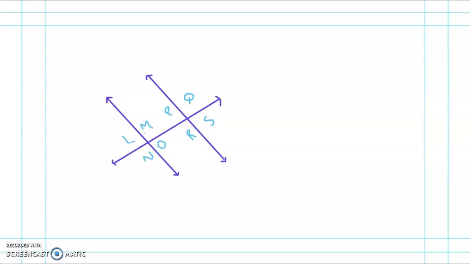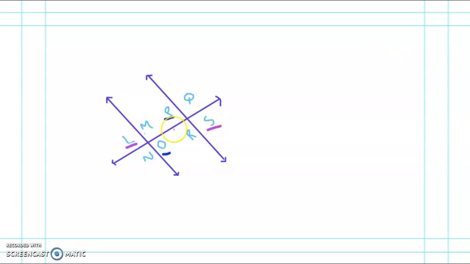Now angle L and angle S are an example of alternate exterior angles because they are alternating angles located outside of the parallel lines. Angle O and angle P can be examples of alternate interior angles because they are alternating angles located inside of the parallel lines.